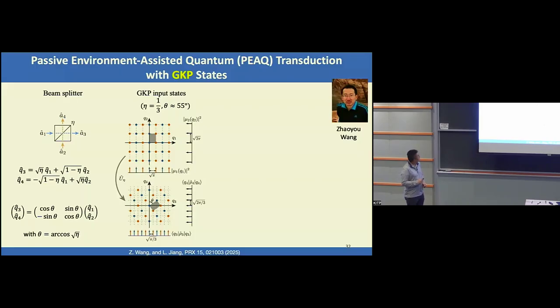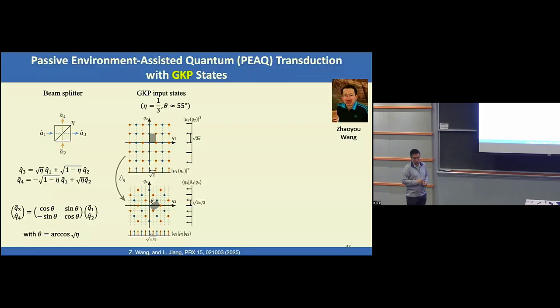And there's no mixing of the momentum. So the output position for A4 is also a linear combination of position 1, position 2. Therefore, what the beam splitter does is just a rotation from the initial input positions Q1, Q2 to the output positions Q3, Q4. And that rotation angle depends on the beam splitter transmission.